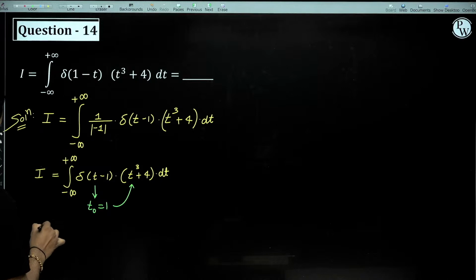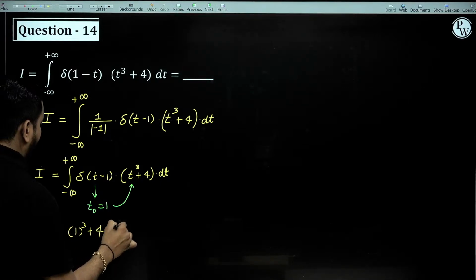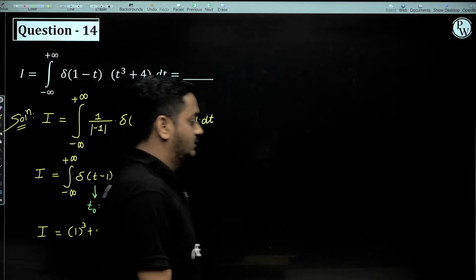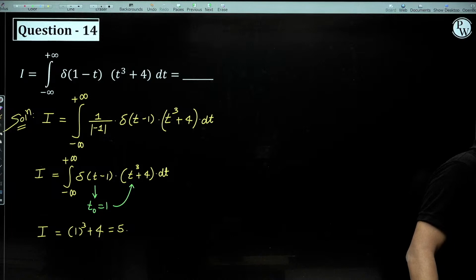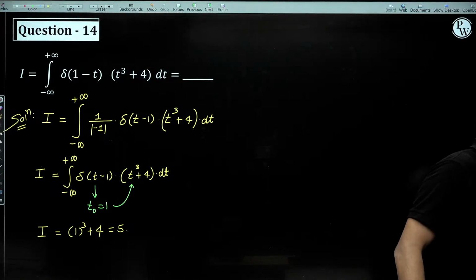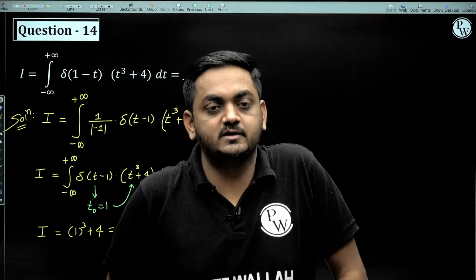I is equal to 1 cube plus 4 equal to 5. Correct? So 5 is the correct answer. Got it? Any doubt in this? 5 is the correct answer for this question, guys.